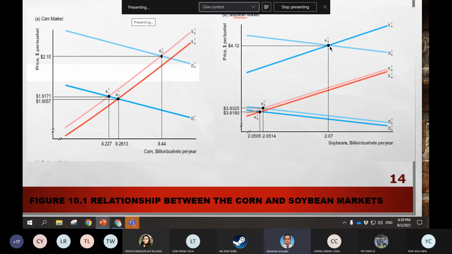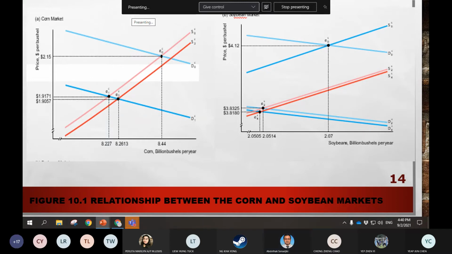S0 with D0, where we have the price of soybean 4.12 and the equilibrium quantity is 2.07.